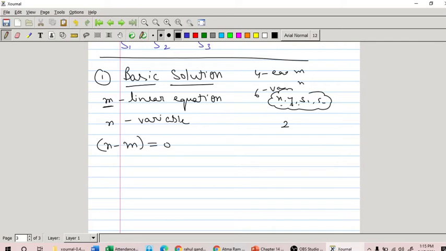So, we will try to put these 2 variables, these are not fixed, these 2 variables will keep on rotating, equal to 0, then we will get the values of the other, and those other variables are going to be your basic solution.